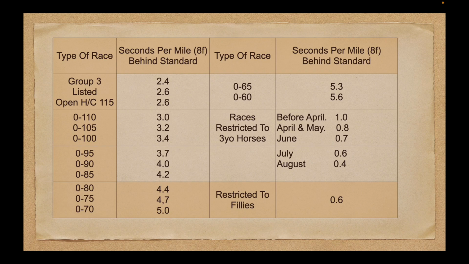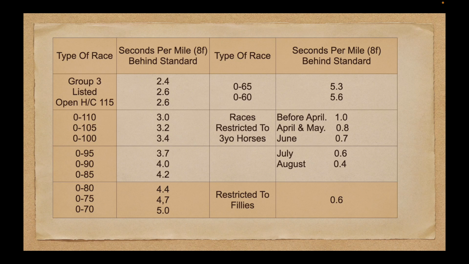So here I have the type of race on the left. So Group 3, listed, open handicap, 0 to 110, etc., etc. This goes down to 0 to 60. Okay, anything worse than 0 to 60, I would use the same seconds per mile behind standard as 0 to 60, but I would use it more as a guide.